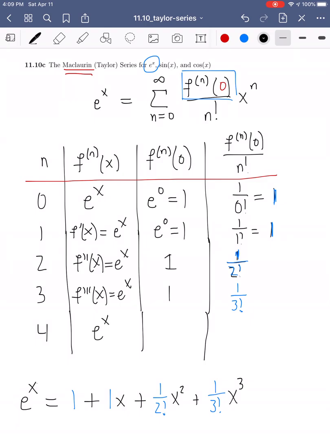Evaluating that fourth derivative at 0 still gives us a 1. And that last coefficient for n equals 4 is that 1 all over 4 factorial. So the next term is just plus 1 over 4 factorial, x to the fourth.